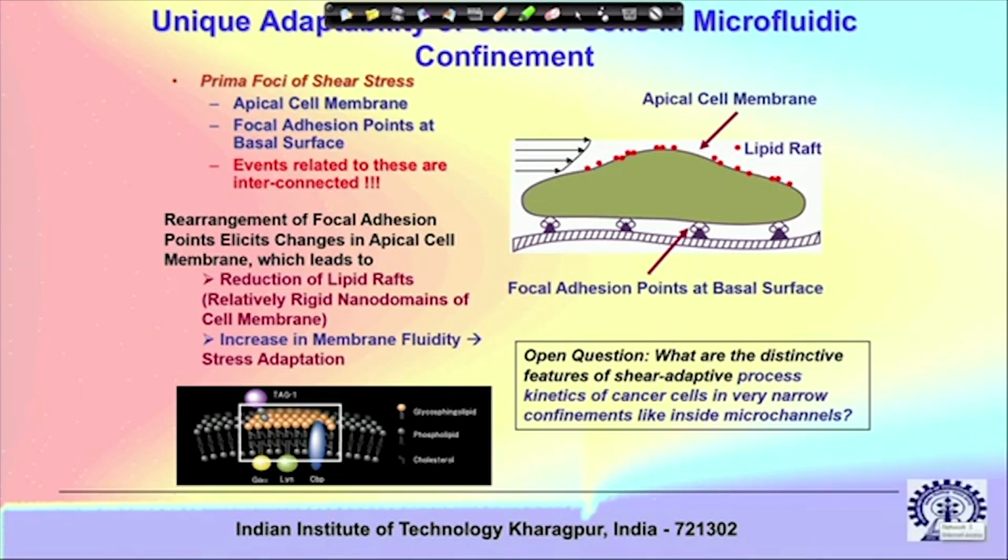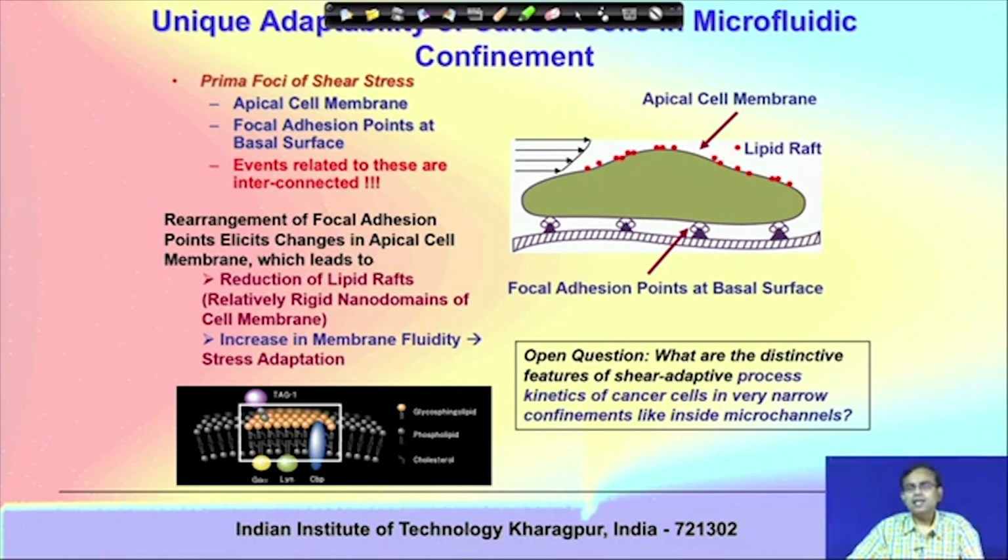In simple terms, what he has made is a very flexible microfluidic platform on which a tumor cell or a cancer cell is sitting. If there is a stress on the cell, there are embedded fluorescent beads in the base of the microfluidic channel, and these beads will be displaced if the cell is adhering to the channel and gets deformed.